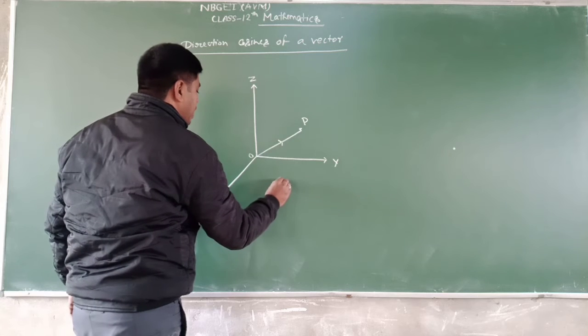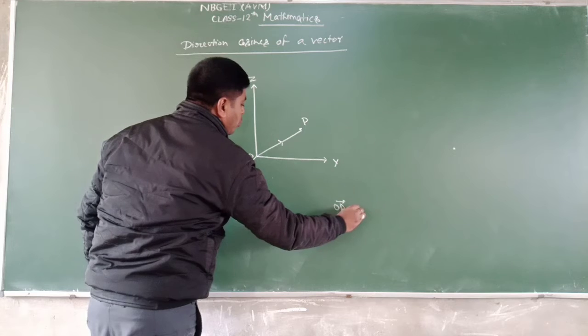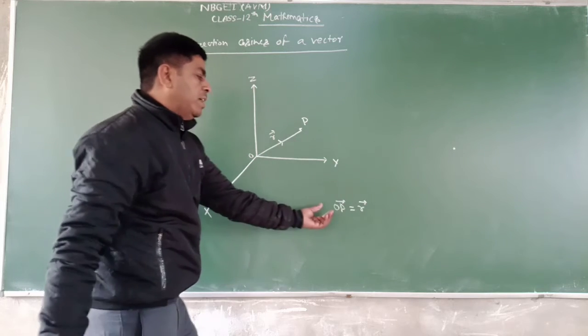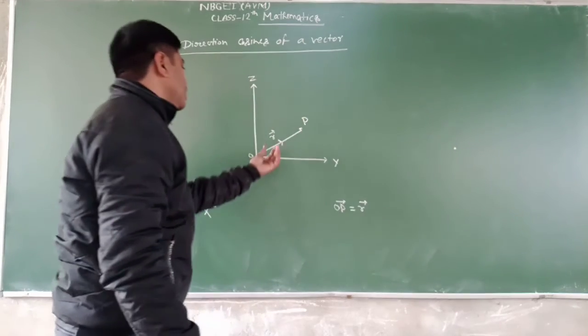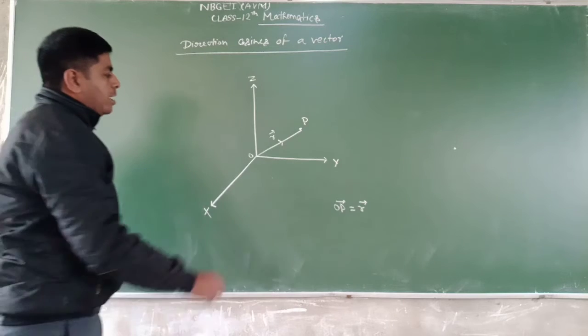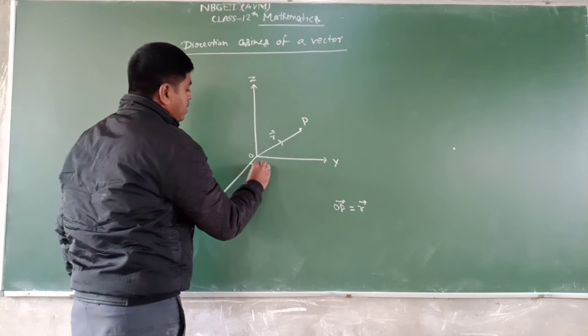Now we will write OP vector as vector R. So OP vector is equal to R vector, because we have denoted OP vector as R vector.